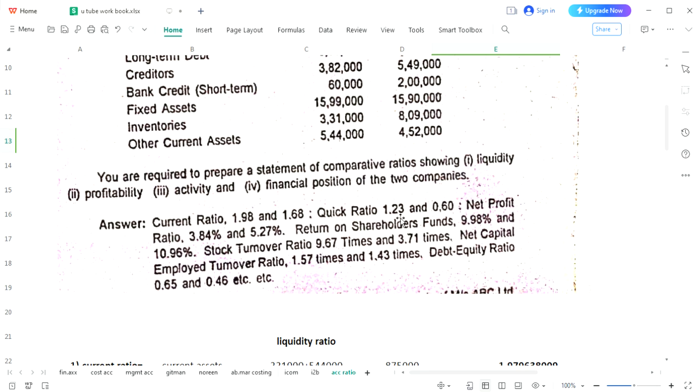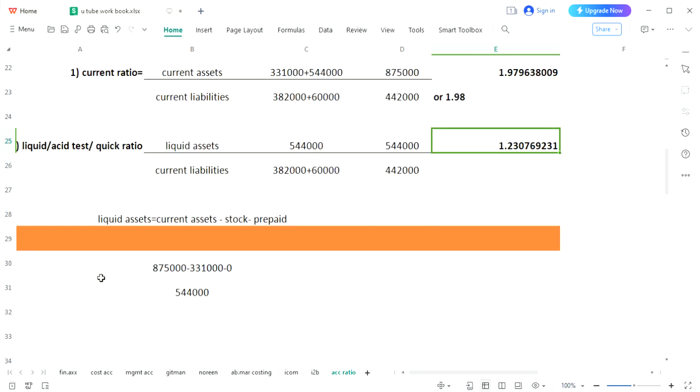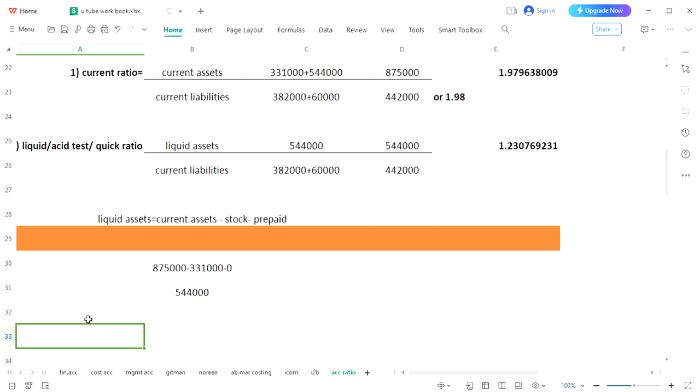So guys, in this way our liquidity ratios are completed, and now we will see profitability ratios. As you know, net profit ratio is the first ratio associated with profitability ratios. So let's calculate our net profit ratio, which would be number three.